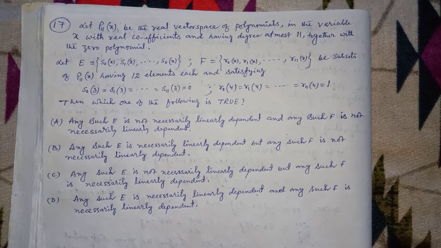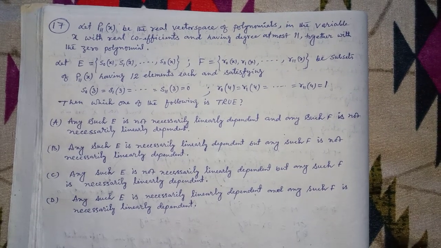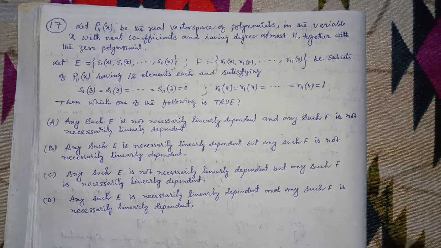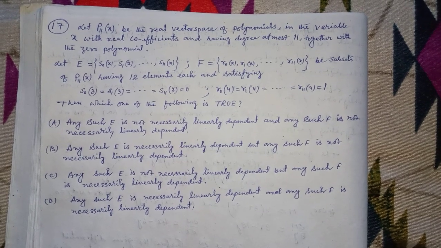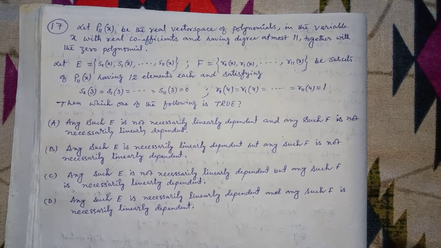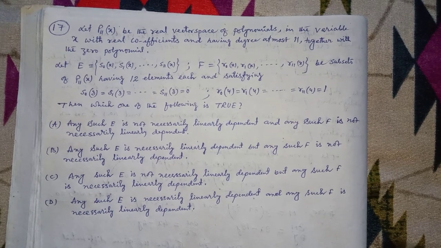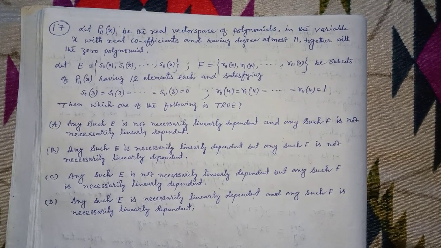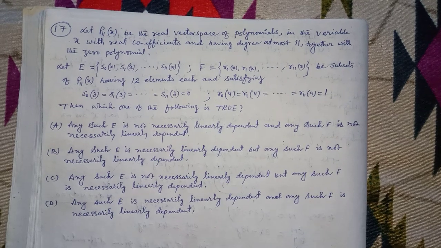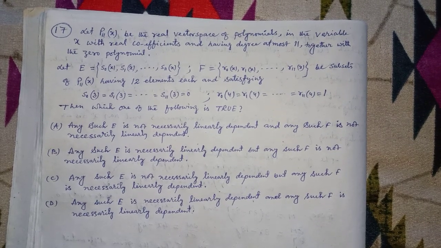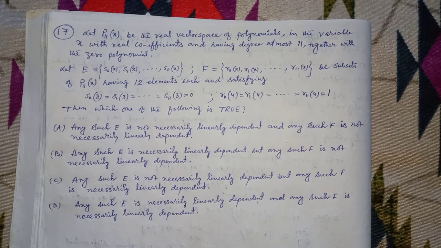Option C, any such E is not necessarily linearly dependent but any such F is necessarily linearly dependent. Option D, any such E is necessarily linearly dependent and any such F is necessarily linearly dependent.